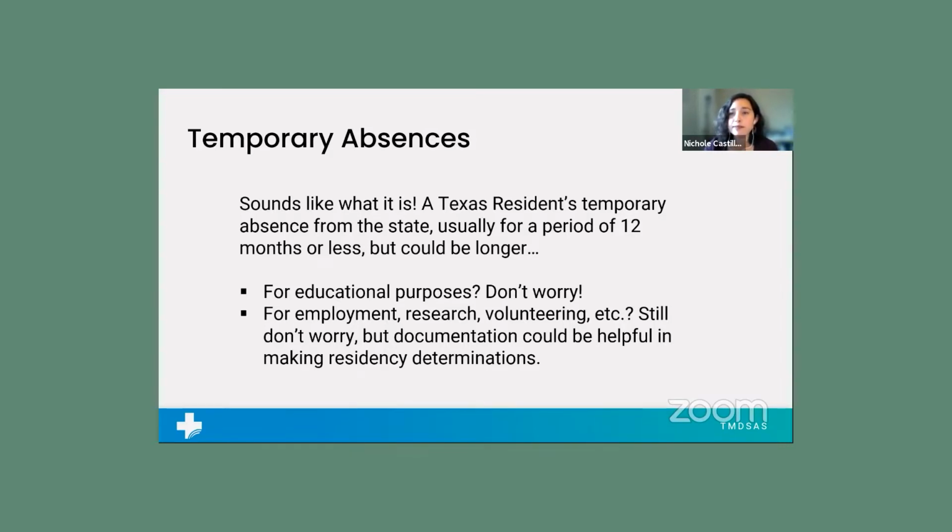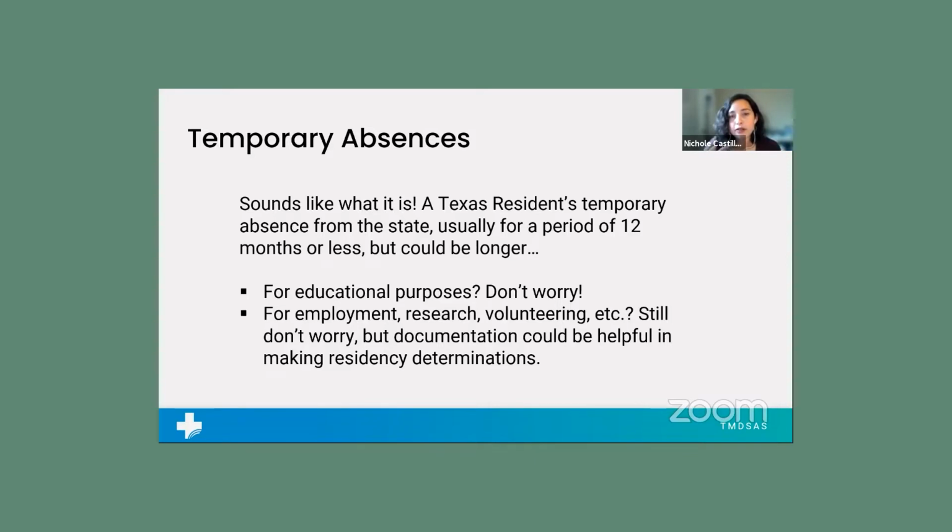So if you are absent from the state for educational purposes, that's likely to be longer than 12 months, and that is not anything to worry about. If you have already established Texas residency, let's say that you're an individual who graduated from a Texas high school, lived here the 36 months prior, but for the past year you've been in Utah completing your undergrad, that's a temporary absence.